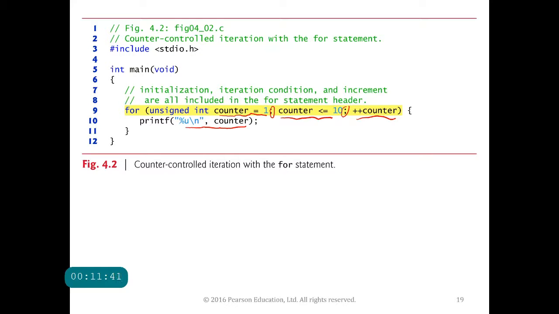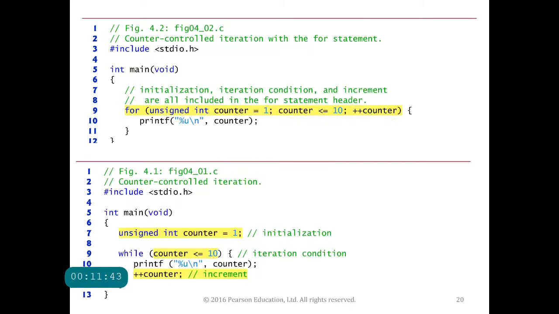Okay, now why is the for loop preferred over the while loop for counter control situations? Well, let's just simply compare it with our original. You can see, right, over here you had to write 3 statements when executing the while loop, whereas with the for loop you just have to write one single line, and it takes care of everything.